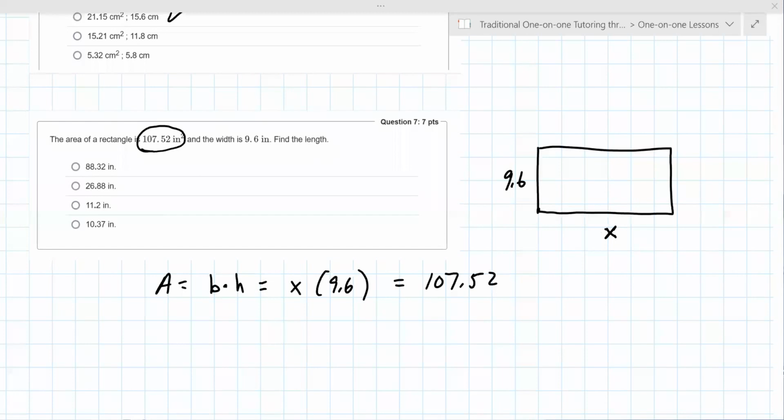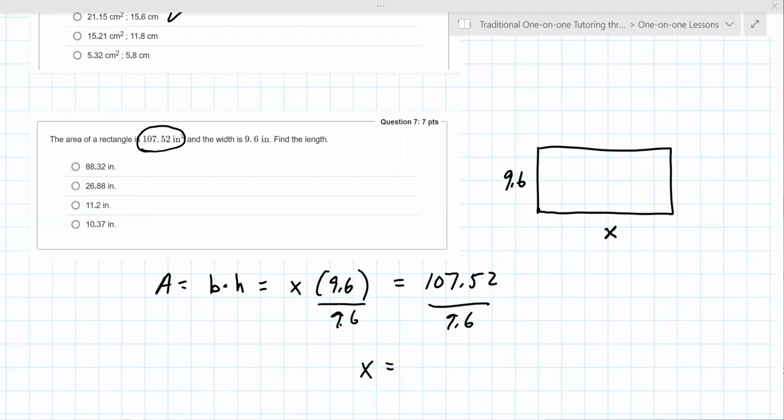Can you do that for me? $11.2. Okay, very good.